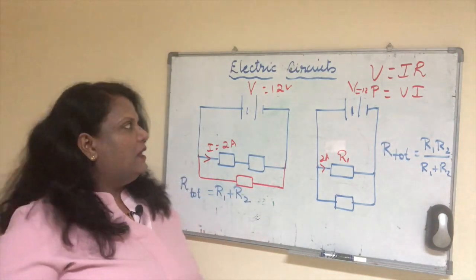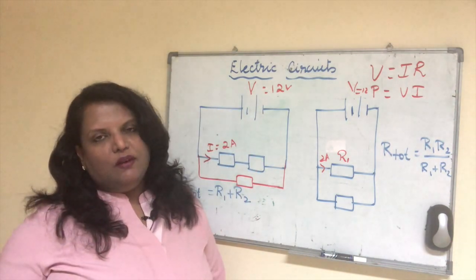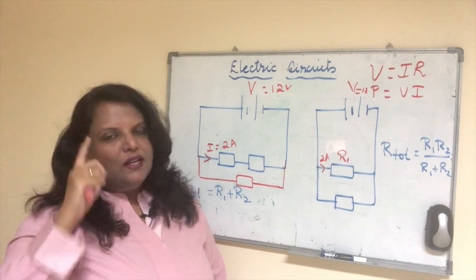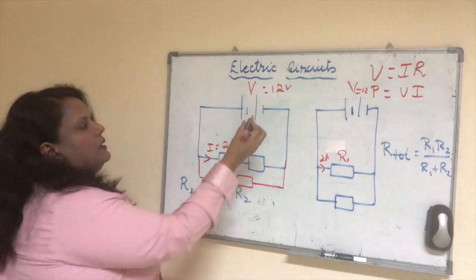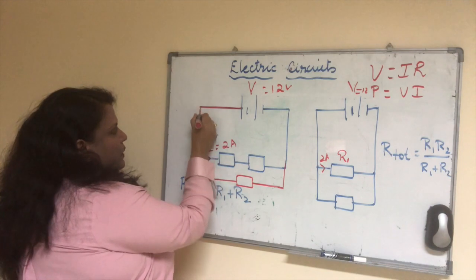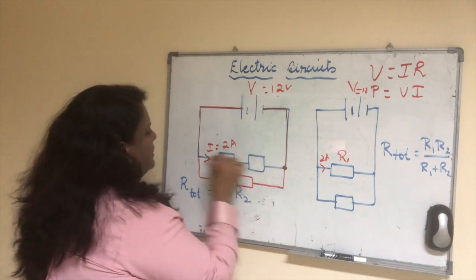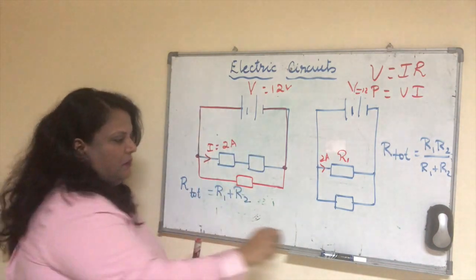So how do I find out, if a question asks how much is the current flowing or drawn from the battery? The concept here is, see, the current starting from here, all this way up till it comes to the junction, will be the same. Why?